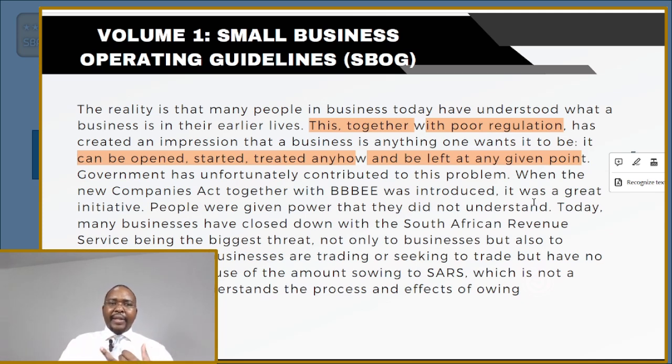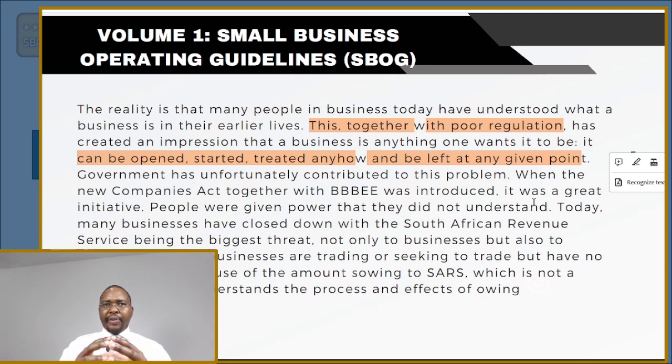It's either they are owing an administrative penalty for not submitting the returns, or there is money that SARS wants from this business, and this business is unable to pay SARS.